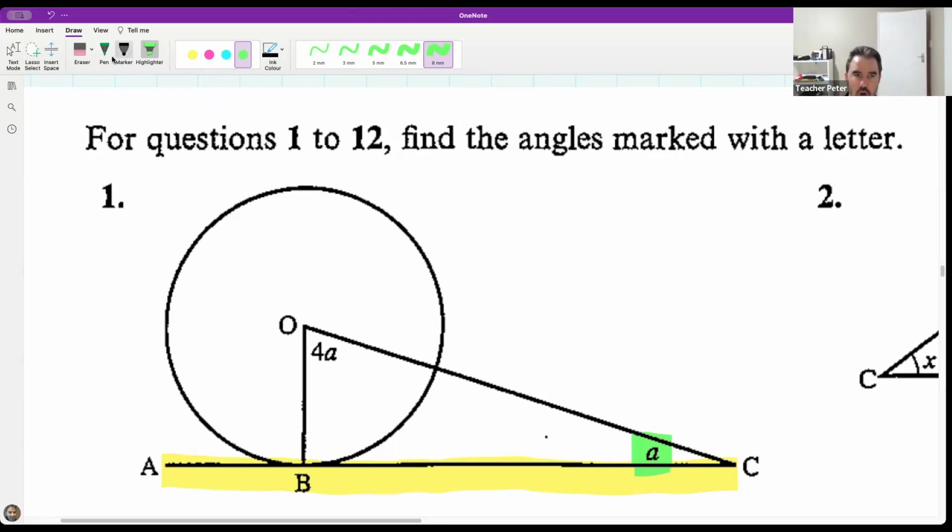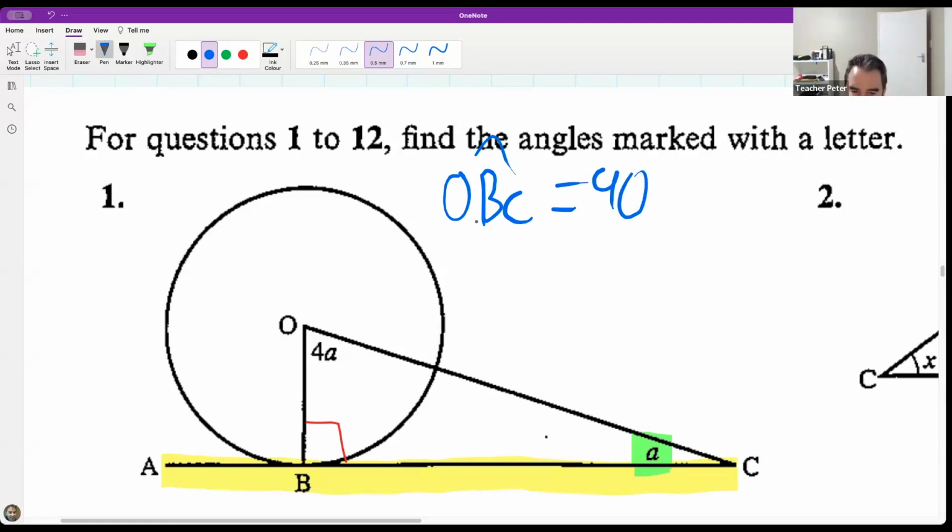Okay, so if we look at this, the most important thing is to realize this is 90. If you realize that that is 90, so let's write that. OBC is 90. Well, then 5A must equal 90 because, let me put the reasons here.